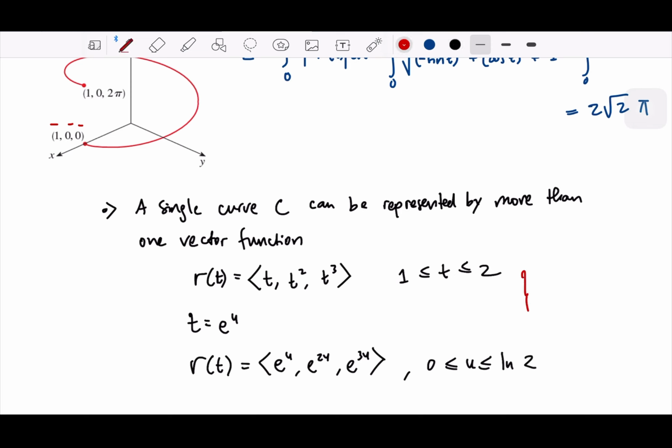This is what we call parametrization. Parametrizations of the curve C.